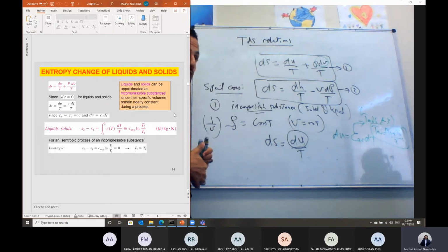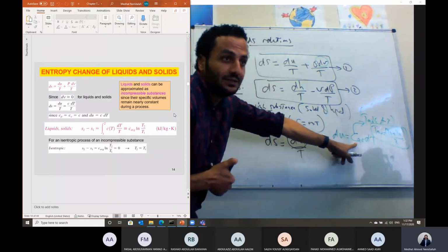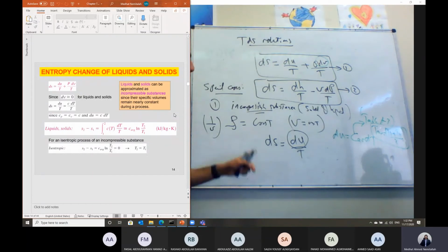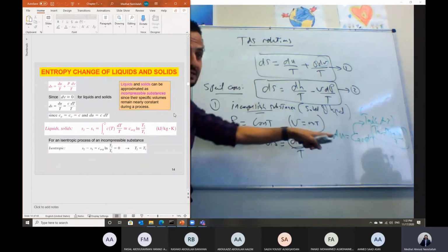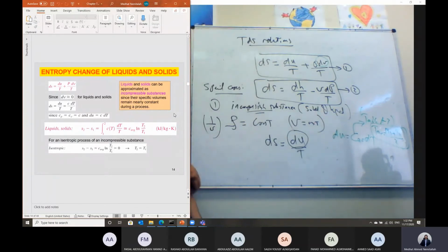In the case of an incompressible substance, either solid or liquid, we don't have a specific heat at constant pressure or at constant volume. We call it in general C, or C average, because if we have a temperature difference, we have to calculate the average temperature and go to table A3. So delta U is equal to C average multiplied by delta T.